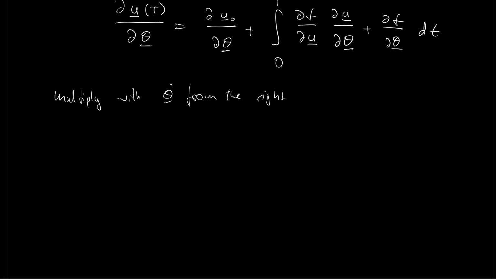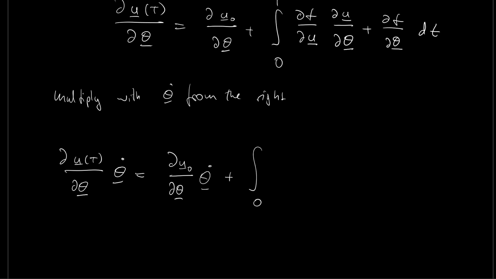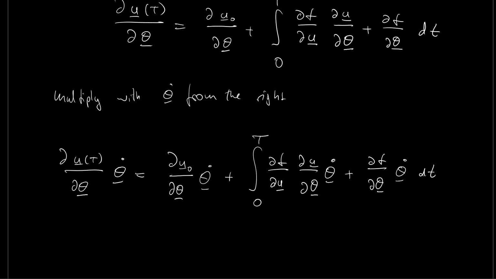And then we get on the left-hand side of the equation the derivative of the final value with respect to theta multiplied with theta dot, which is equal to the derivative of the initial condition with respect to theta multiplied with theta dot, plus the integral from 0 to capital T of the Jacobian of the right-hand side of the ODE with respect to the input u multiplied with u with respect to theta multiplied with theta dot, plus the derivative of f with respect to theta multiplied with theta dot, integrated dt. Okay, let's take a look at that.